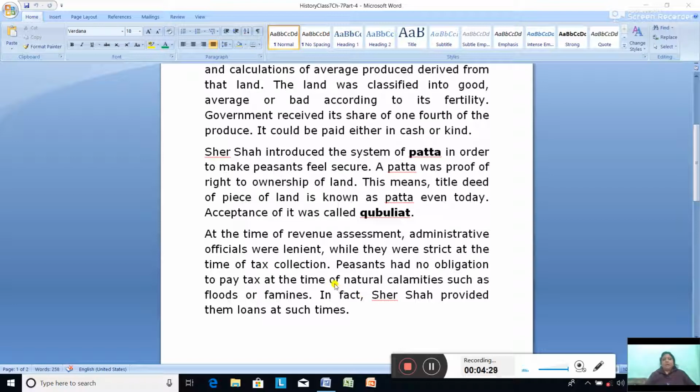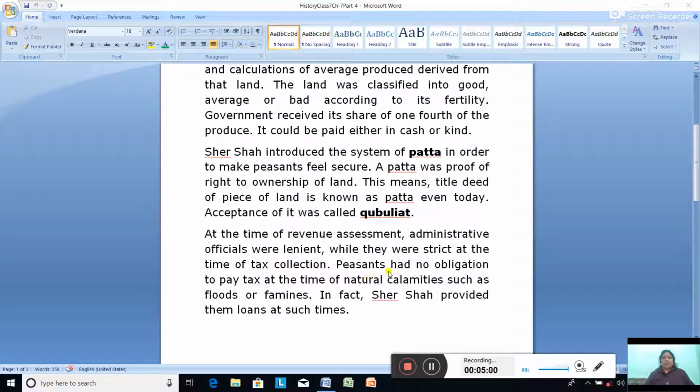At the time of revenue assessment, the administrative officials were lenient. They were not so strict, they were liberal, while they were strict at the time of tax collection.